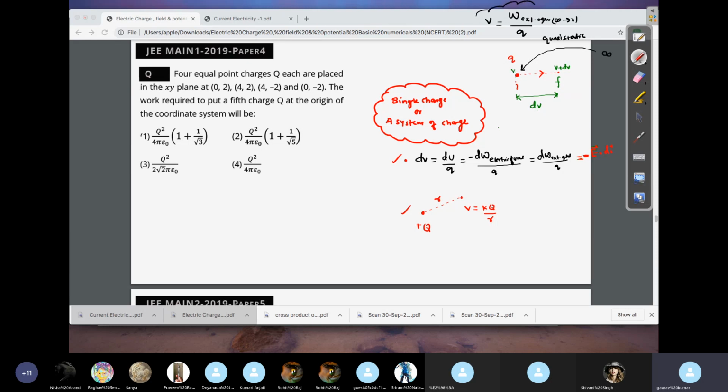This is very, very important. See, I'll give you a logic. Right now we are discussing only this. When I teach you the second level of JEE, then I'll teach you this. Let's say I give you a solid sphere like this, or let's say you have a spherical shell.